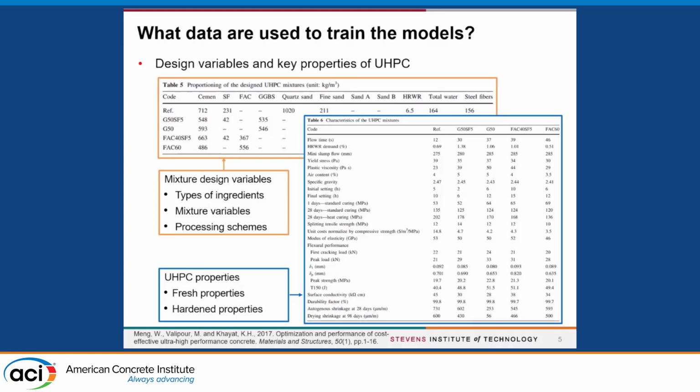First is the mixture design variables, including the types of ingredients, mixture variables such as the water-to-cement ratio, and processing schemes such as the curing time. The second set of data is the UHPC properties, including the fresh properties and the hardened properties, such as the mini-slump flow, flow time, flexural strength, durability, shrinkage, and so forth.